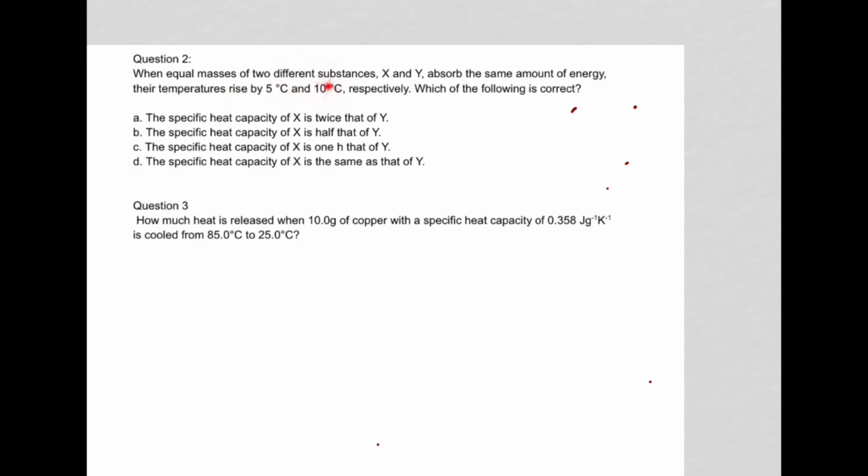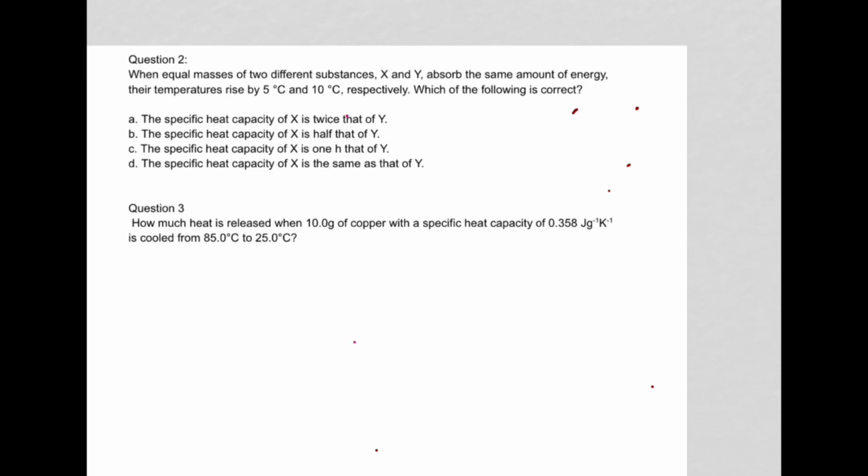Now, if you have equal masses of two substances, X and Y, absorbing the same energy, the temperature rises by 5 degrees Celsius and 10 degrees Celsius. And you need to find which of the statements is correct. For this kind of question, I'm going to start by writing my equation. Q is equal to mc delta T. It says equal masses. So if masses are the same, I'm not going to consider it. Same amount of energy, Q, I'm not going to consider it.